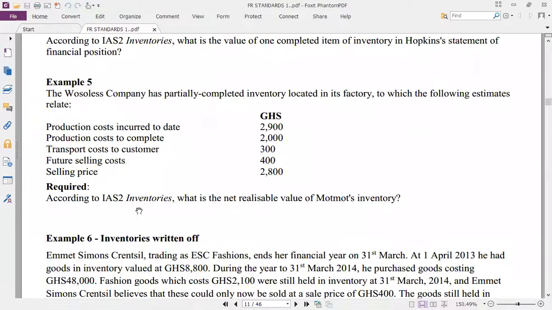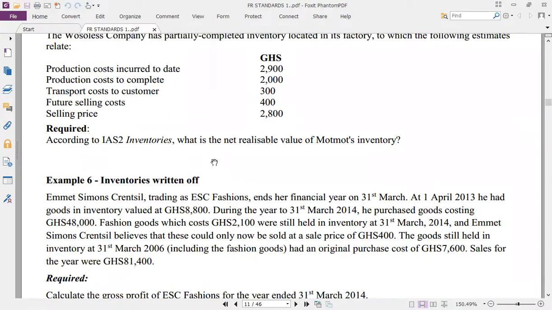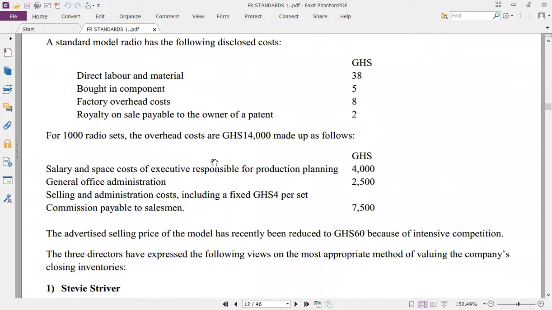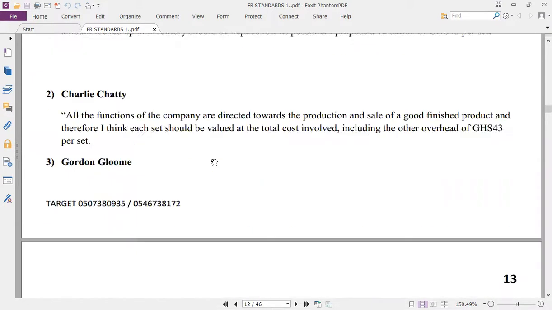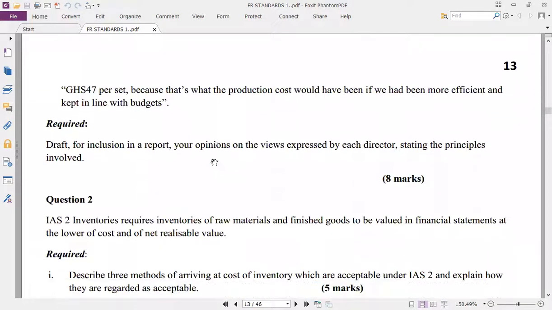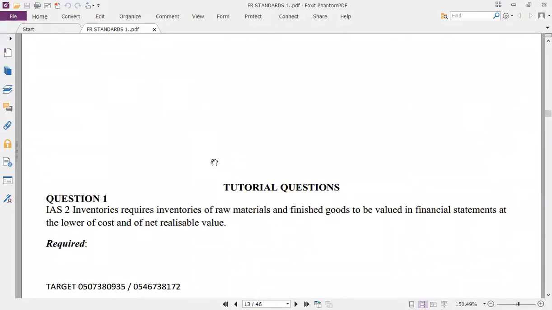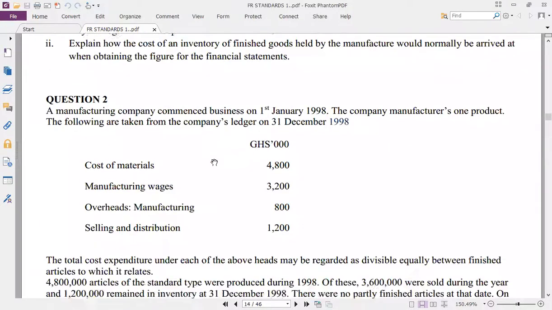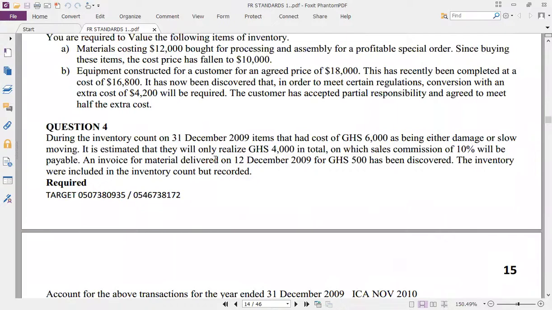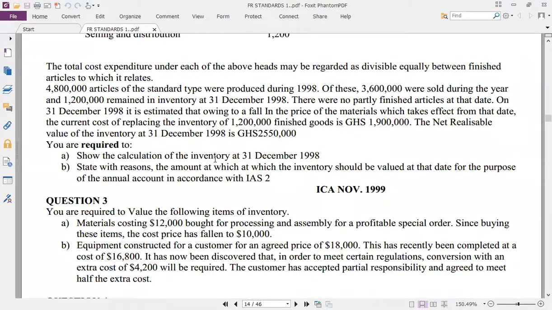So kindly take a snapshot of this and try from example 5, 6, 7. I will solve them when we start the question solving stage. Then question 2 is here. Try them for me, especially the tutorial question, this one, the ICA 1999 question.